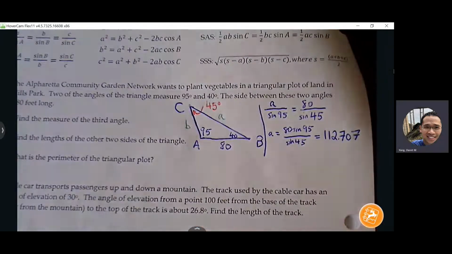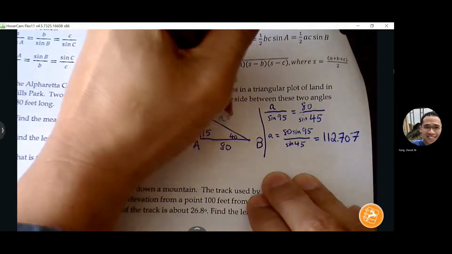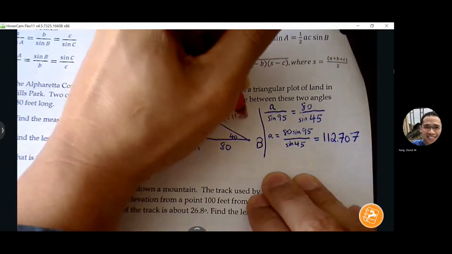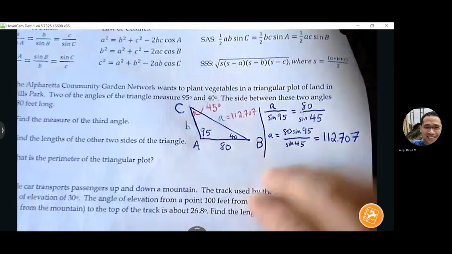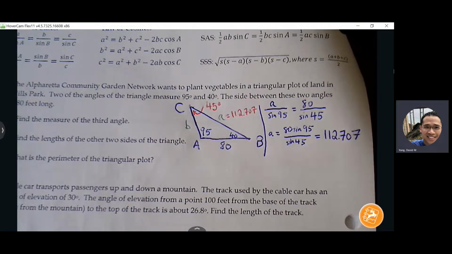And let's just say that, let's round everything to 3 decimal places. Okay, there's a decimal button.